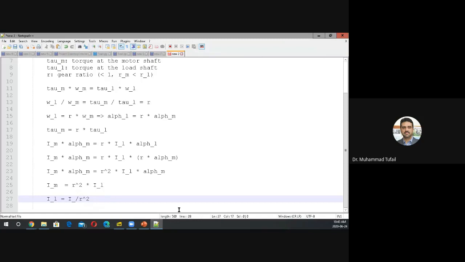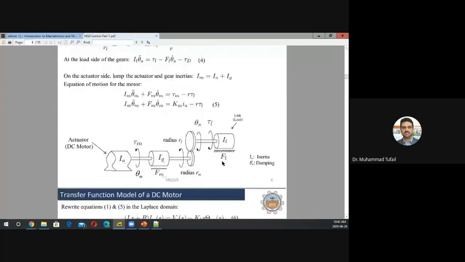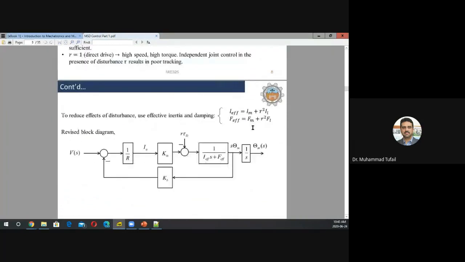Now we are good. Okay, now we are seeing that inertia at the load side, on the motor side, if you want to see it on the motor side, it has to be multiplied with r squared. So that's exactly what you see here, r squared.